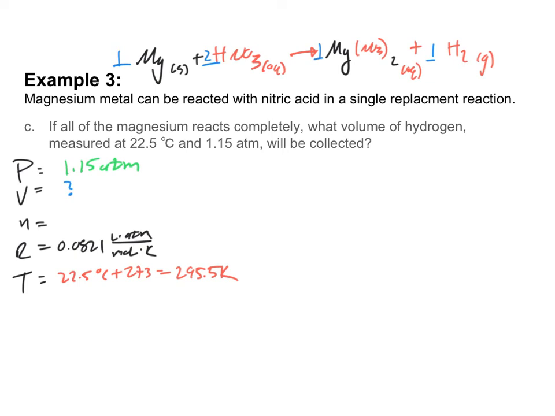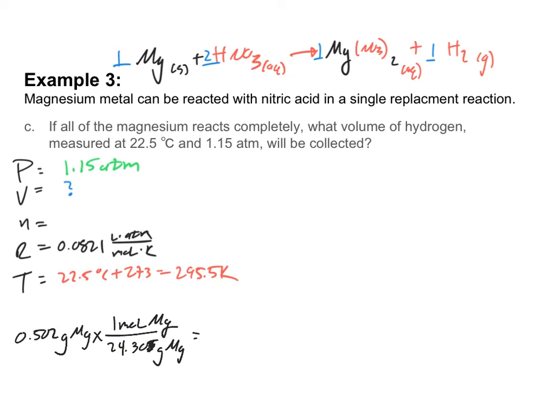I don't know. So here's the thing. There's 2 ways we can get moles. If we go back, I'm going to take the 0.502 grams of magnesium, and I'm going to convert that to moles. So in 1 mole of magnesium, I have 24.30 grams of magnesium.